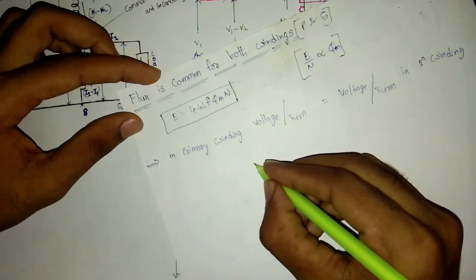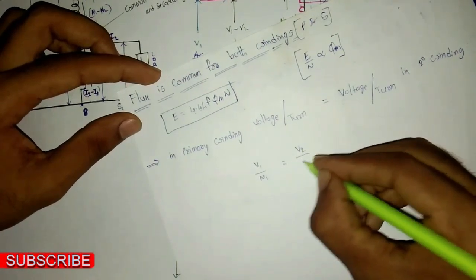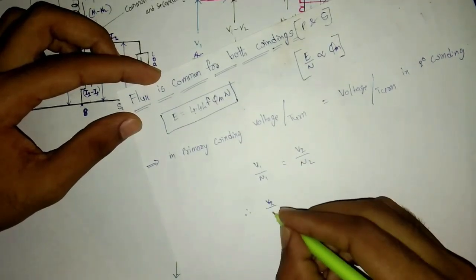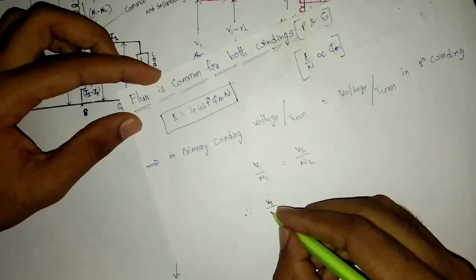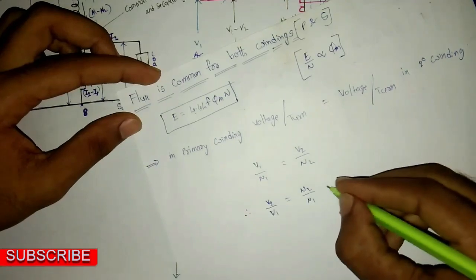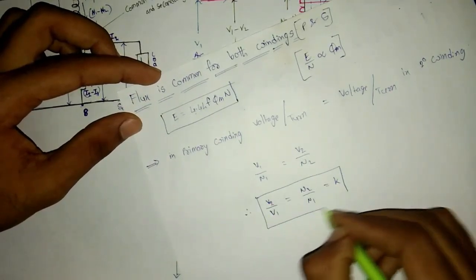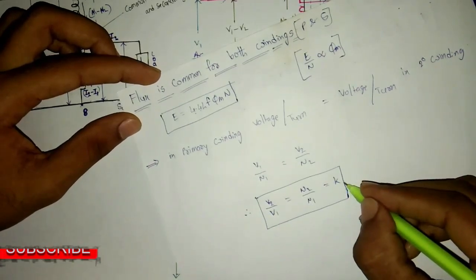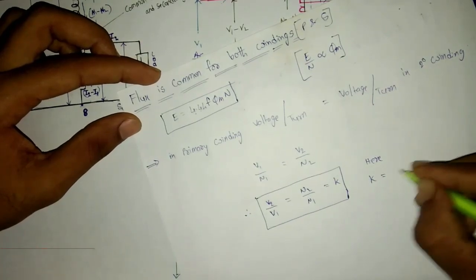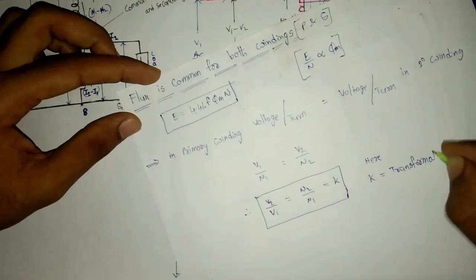Then V1 by N1 equals V2 by N2. Therefore, V2 by V1 equals N2 by N1 equals K. Here K is the transformation ratio.